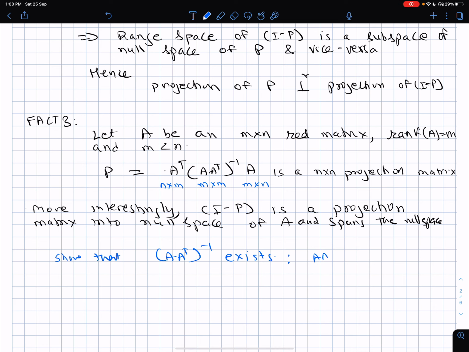This follows from the fact that AA transpose is symmetric SPD, because A is full row rank matrix. Once it becomes SPD, it becomes invertible. Once it becomes invertible, then you can see by dimensionality check, which I have already done here. A transpose is M cross M matrix, A transpose inverse is M cross M matrix, and A is M cross N matrix. So this P becomes a N cross N matrix, and it exists.